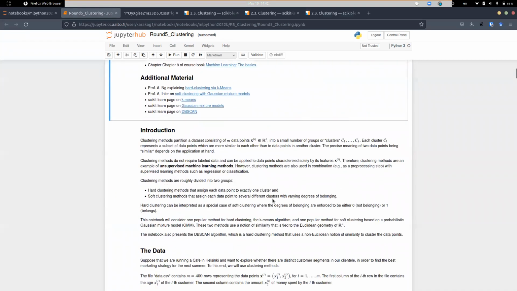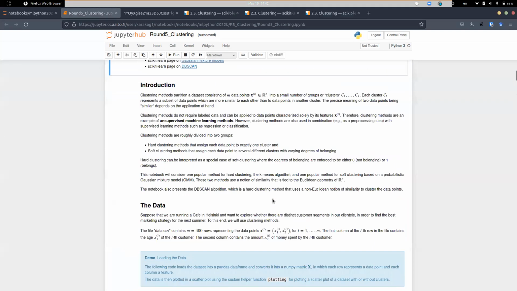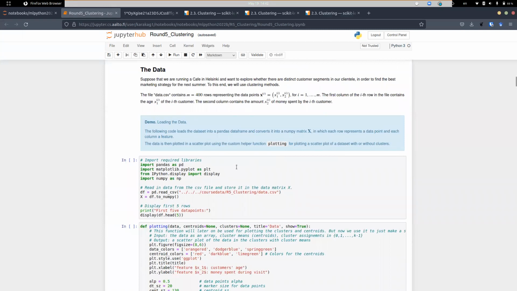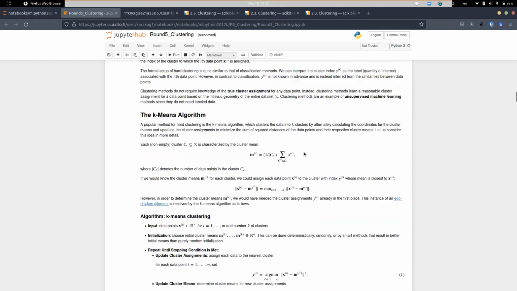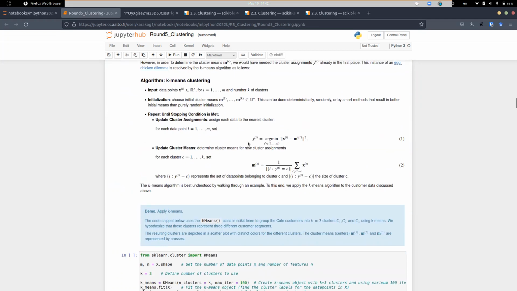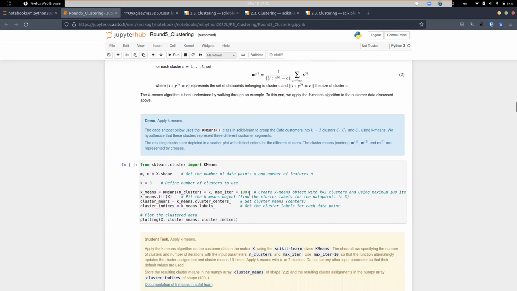So the notebook starts with some theory about clustering. Then you are using the cafe in Helsinki data, and you are implementing the k-means clustering algorithm. Here is pretty much what we saw in the pseudocode, but you don't have to worry about implementing this because scikit-learn already provides a solution.